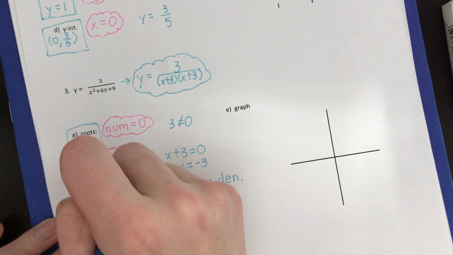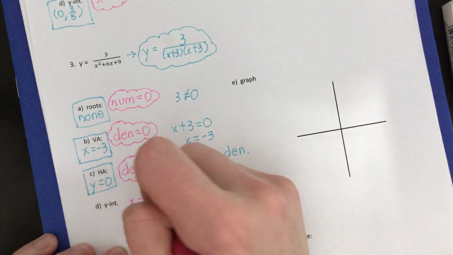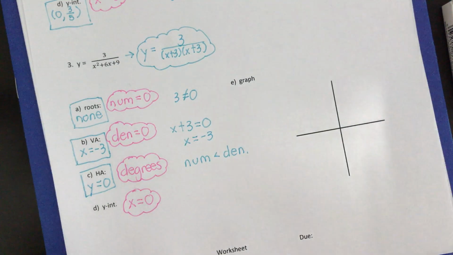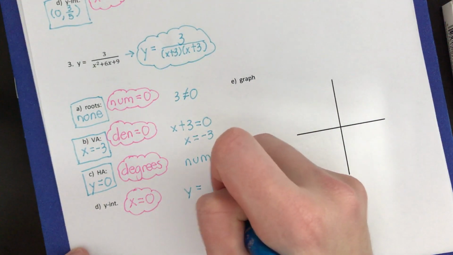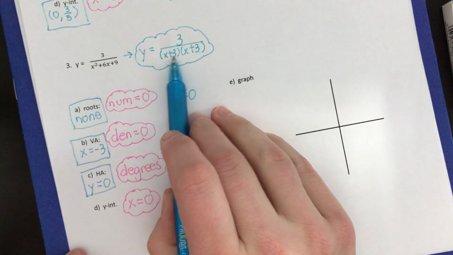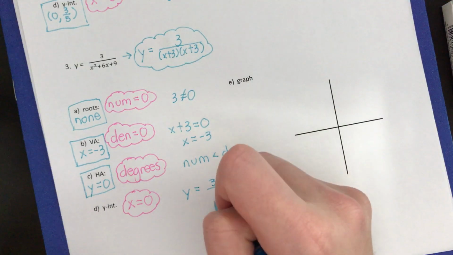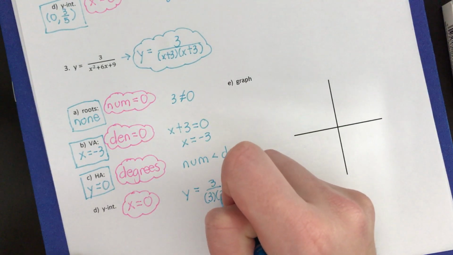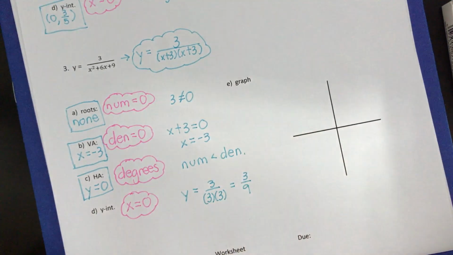And the y-intercept is where x equals 0. So you're going to have y equals 3 over 0 plus 3 times 0 plus 3. So 0 plus 3 is 3, times 0 plus 3 is 3, so y equals 3 over 9.